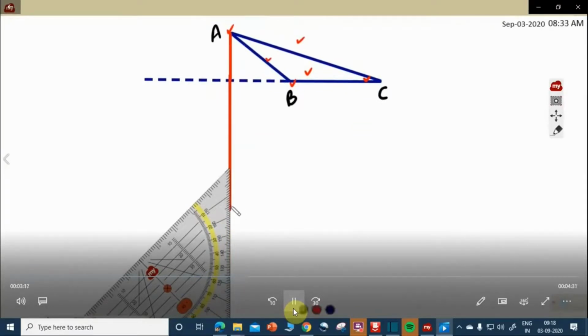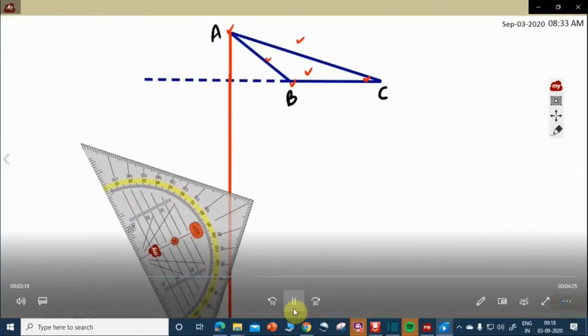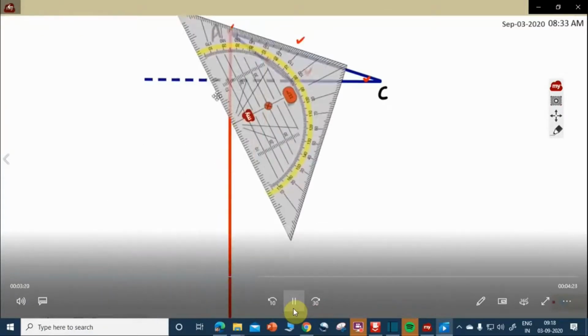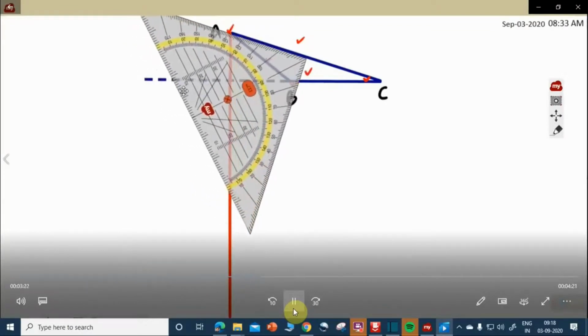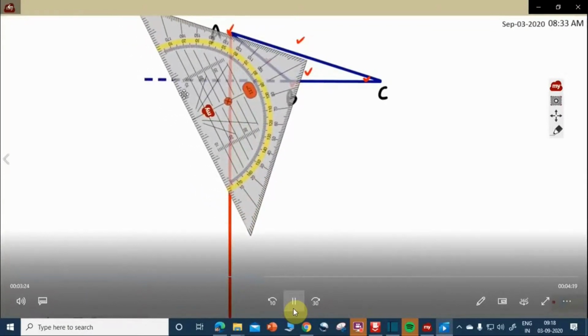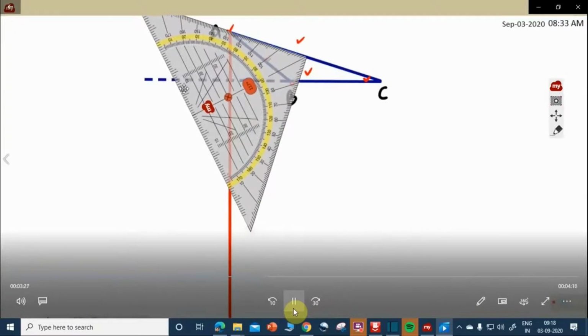Okay, now it is okay. So we will extend the altitude. We'll go to the other side. With the help of the set square, we can draw another perpendicular from the side AC to the opposite vertex, which is B.